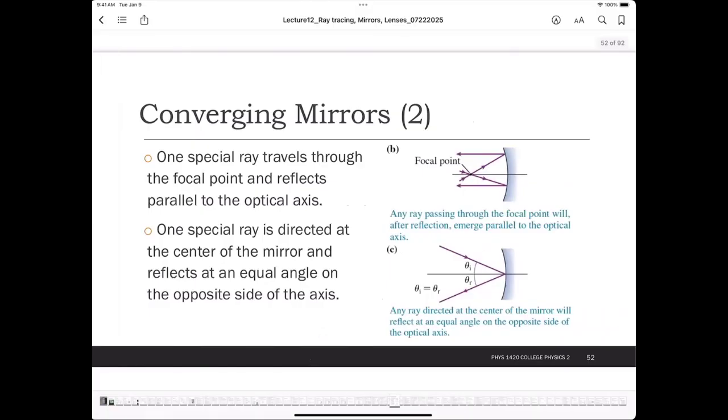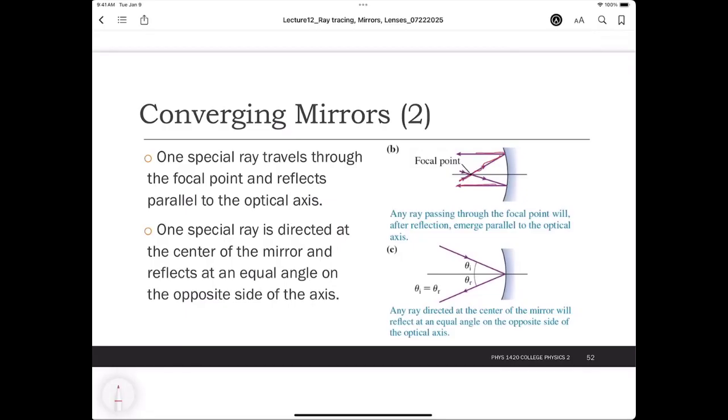The other special ray travels through the focal point and reflects parallel to the optical axis. Does that make sense to you?